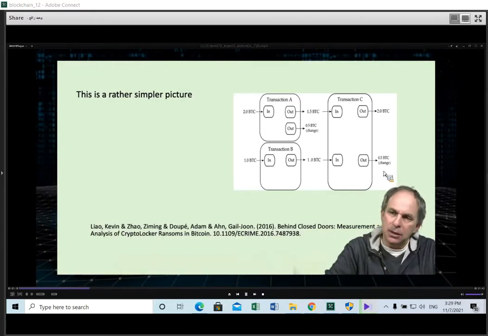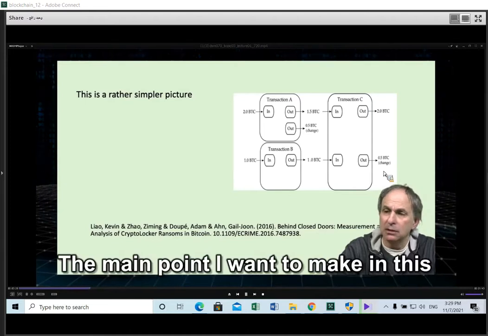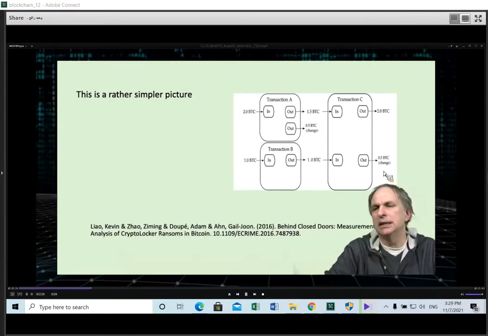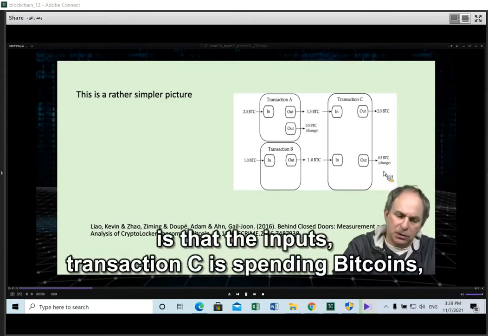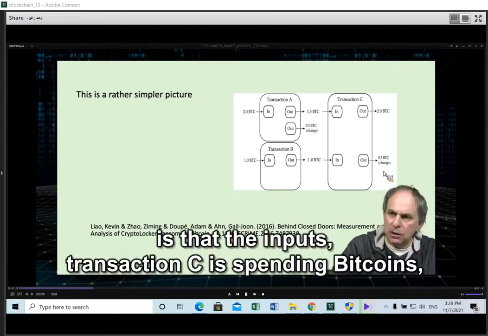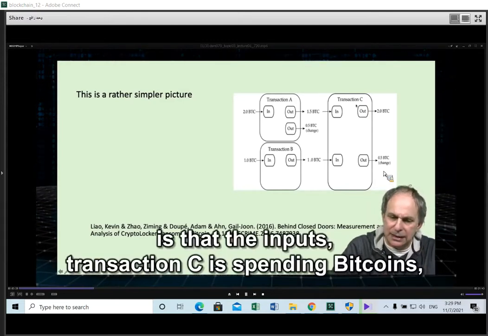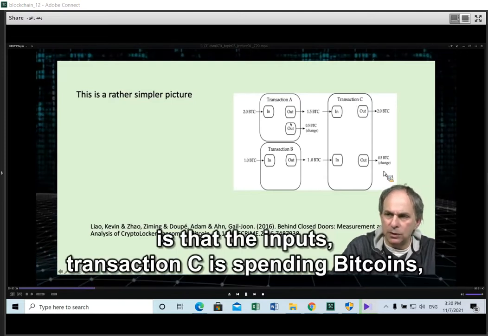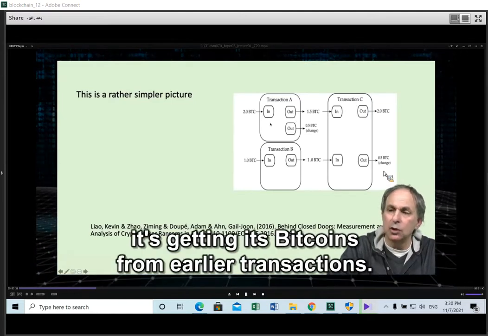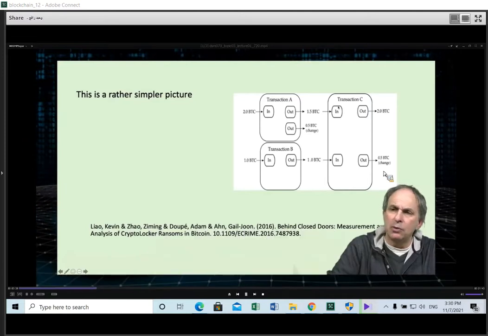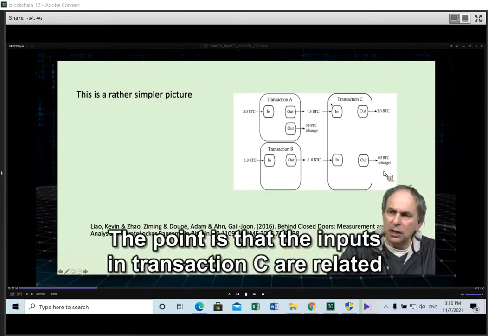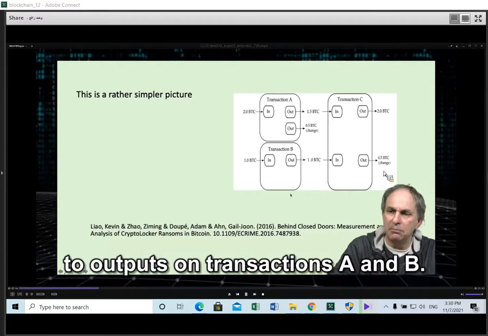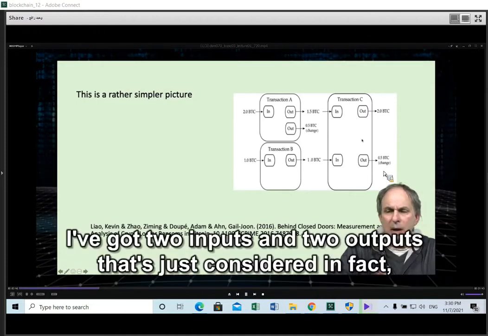And the main point I want to make, and I think it's really the main point being made by this picture, is that transaction C is spending bitcoins, it's getting its bitcoins from earlier transactions. And the point is that the inputs to transaction C are related to outputs on transactions A and B. So I've got 2 inputs and 2 outputs.